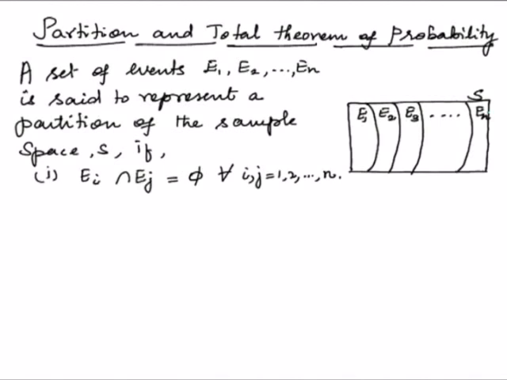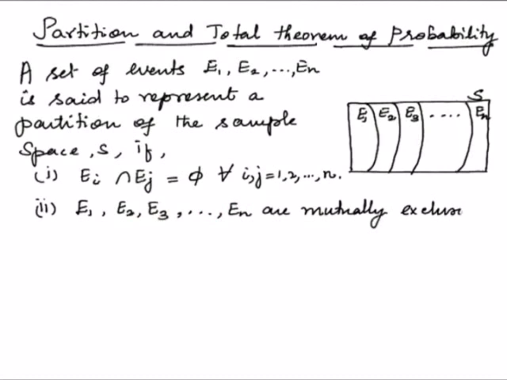So, what do we observe here? We observe that the intersection of any two of the events is a null set. And we also observe that E1, E2, E3, etc. till En are mutually exclusive. And each of their probabilities are greater than 0.